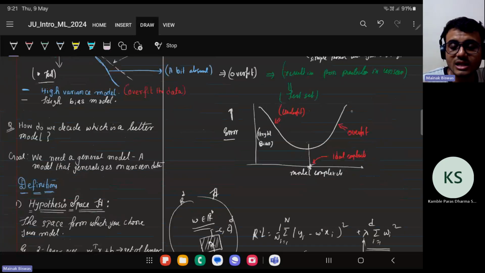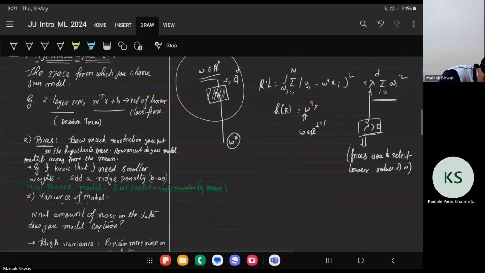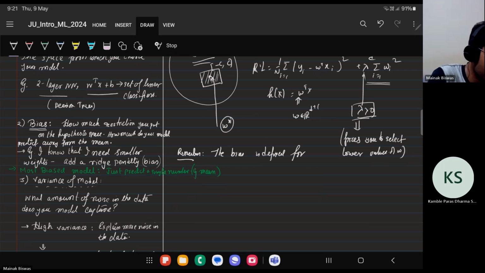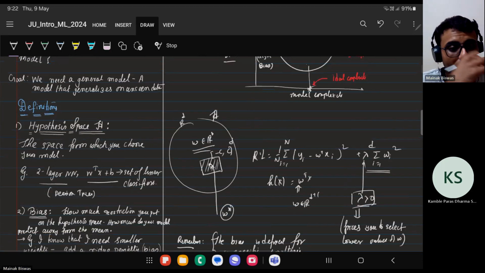But remember, bias depends on a different objective. Model complexity here is over the same hypothesis space. So you must remember the bias is defined for a specific hypothesis set. And what is a hypothesis? Hypothesis is the class of functions that you're using to model the data, right?